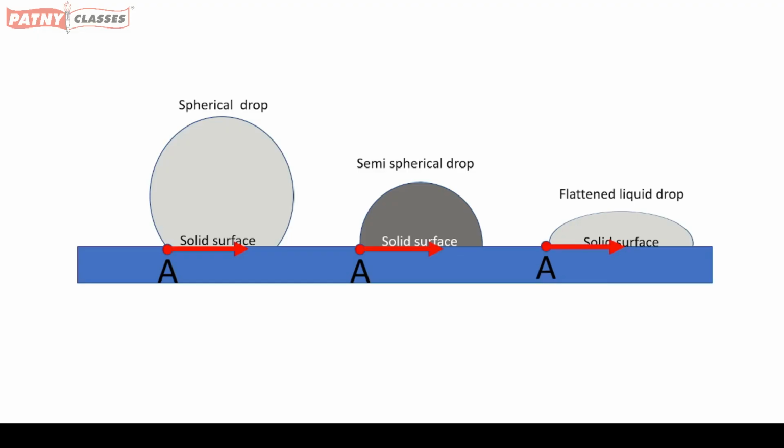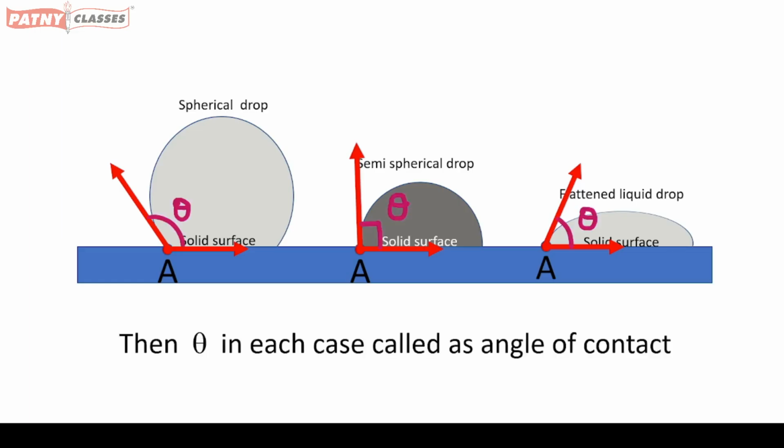Then draw the tangents at point A to each and every liquid drop. Angle theta in each case is called the angle of contact.